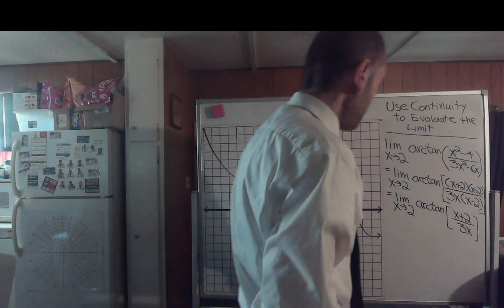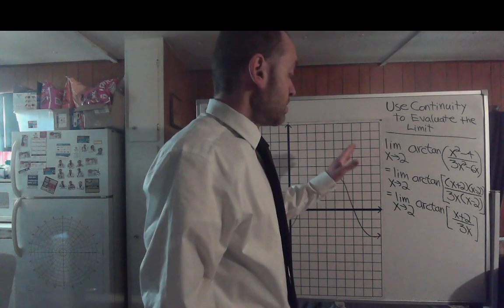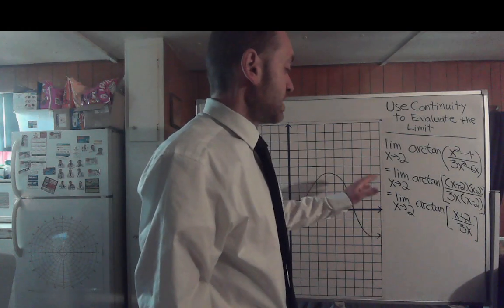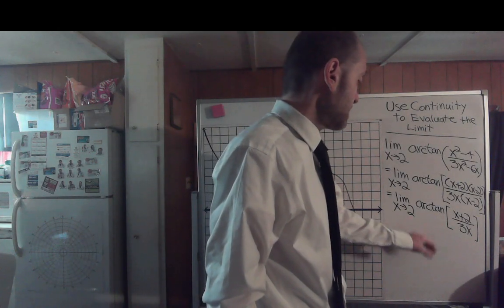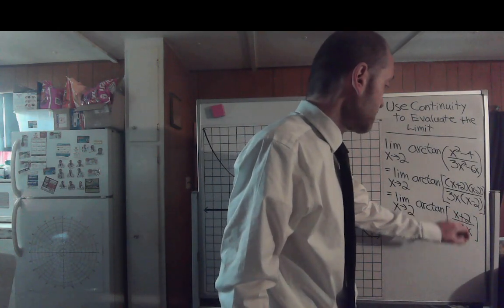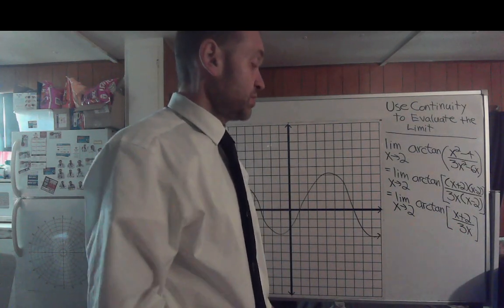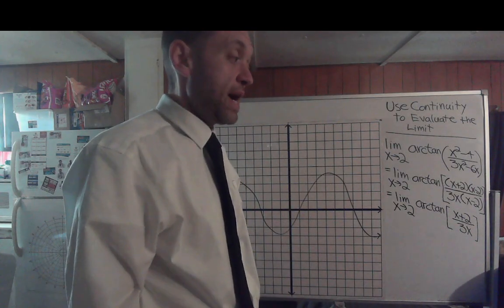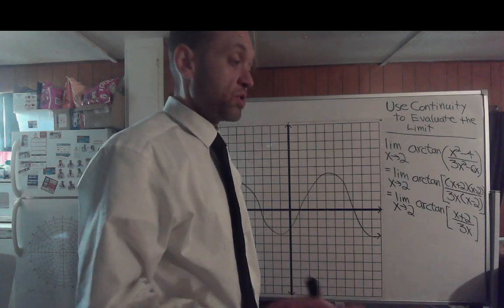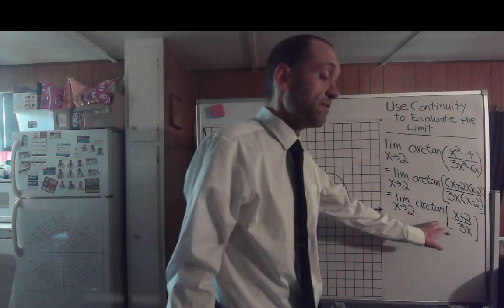Alright, so now what we have here is the limit as x approaches 2 of the arctangent of x plus 2 over 3x. Well, the good news is we're not going to get anything undefined inside of the brackets. And also good news is the domain of the arctangent function is the set of all real numbers.